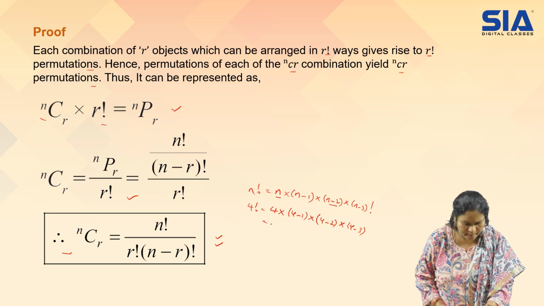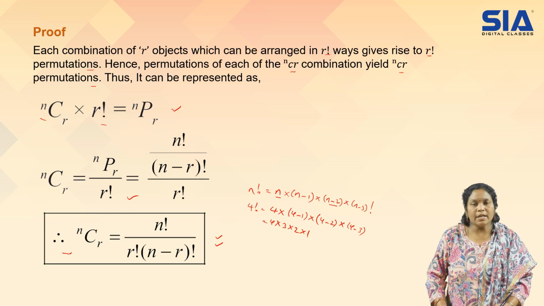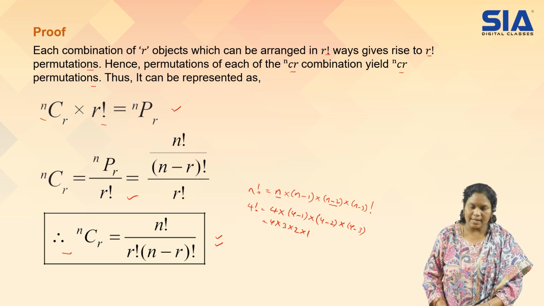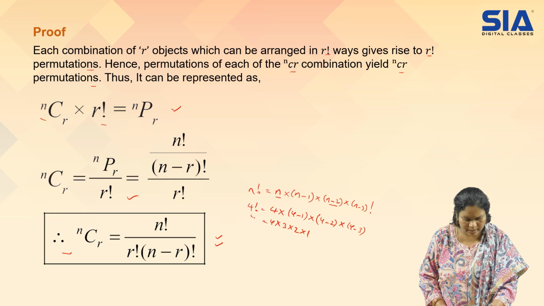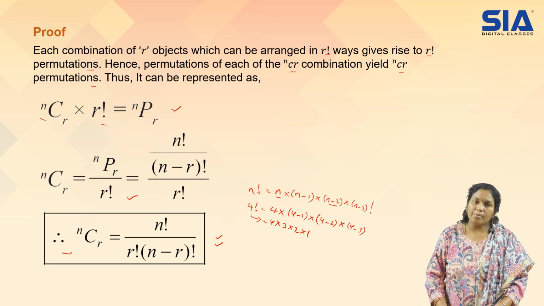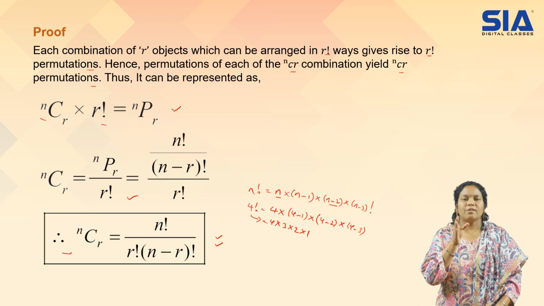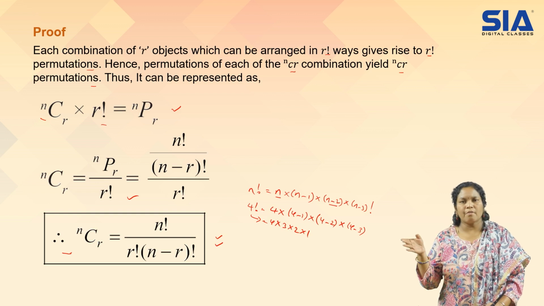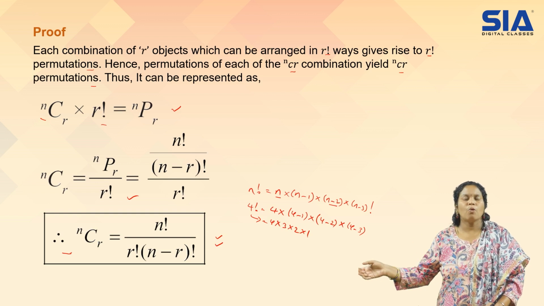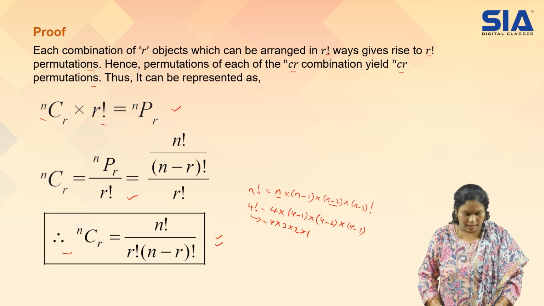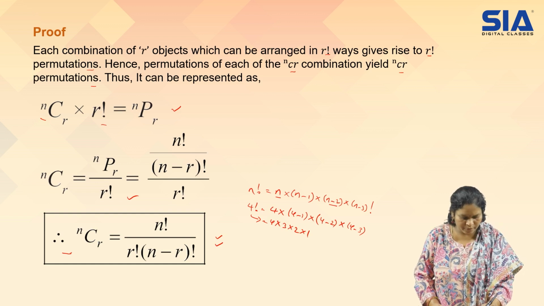So what happens? 4 into 3 into 2 into 1. Up to 1 you have to stop. So the 4 factorial expansion is this. Multiply and get the answer. Whatever number you have, starting with that number, reduce 1 value each time and go on multiplying. That becomes your factorial answer. So this is an example for 4 factorial.